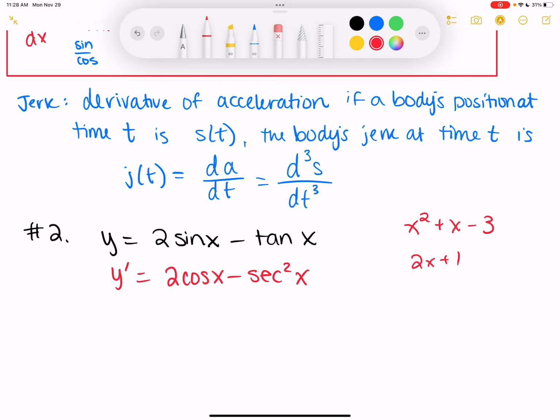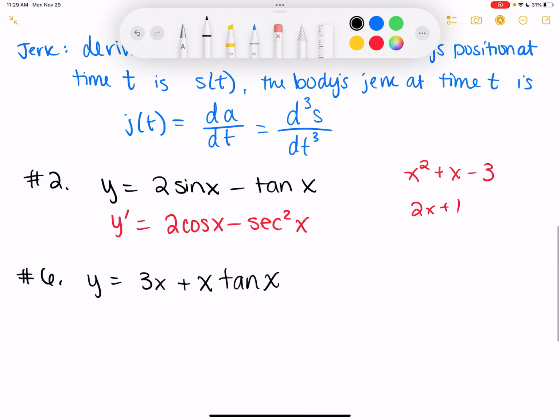Let's see. Number 6. So y is equal to 3x plus x tangent of x. What do you notice about this problem that's different than the first one? The 3x, obviously, is not going to be a trig derivative, but we're still taking the derivative of y with respect to x.